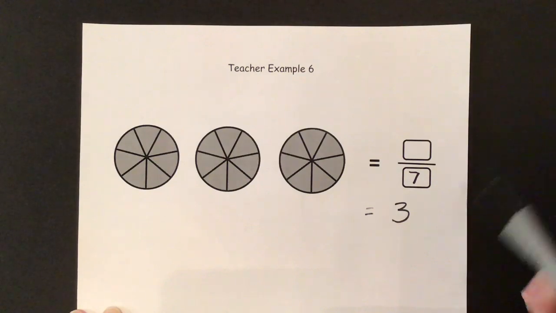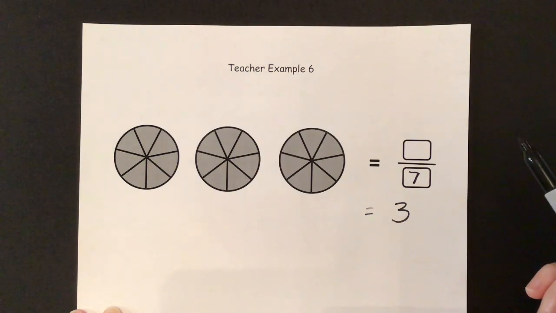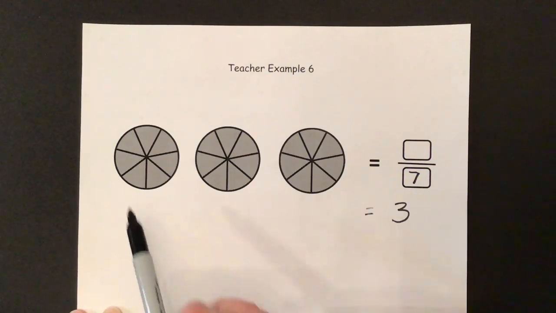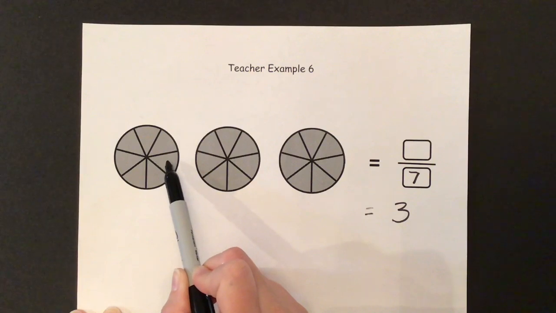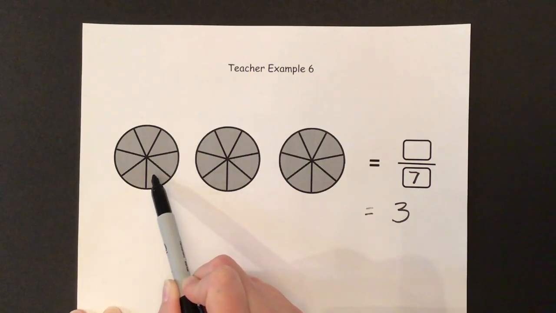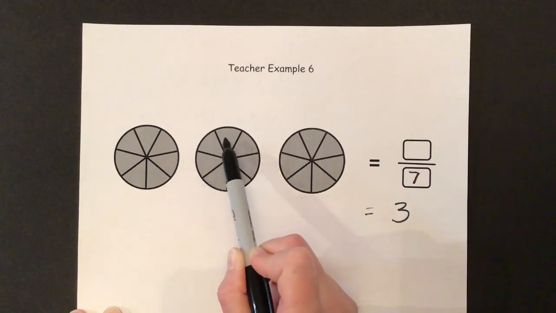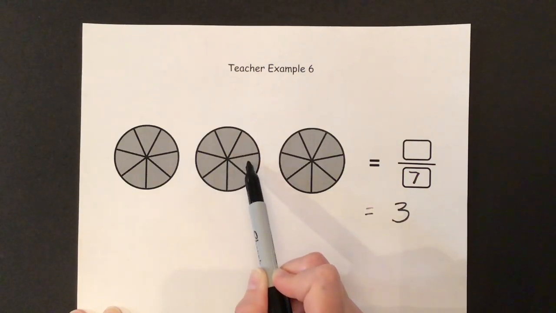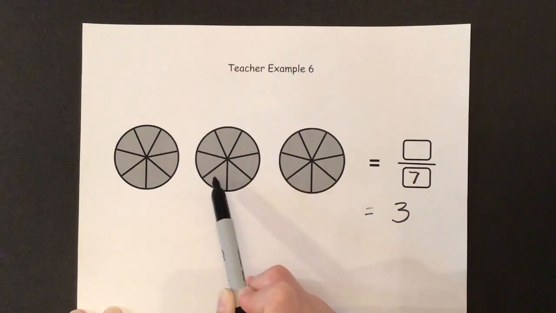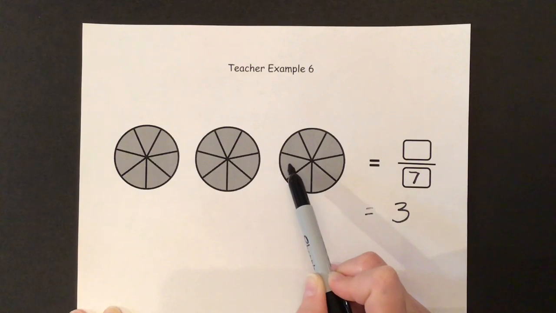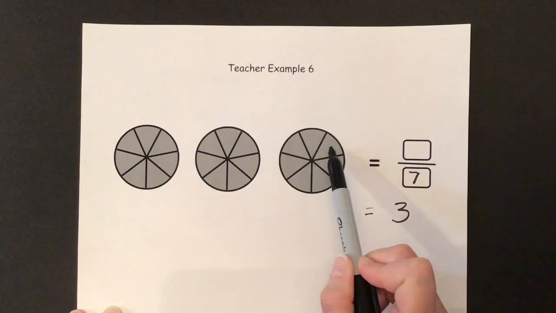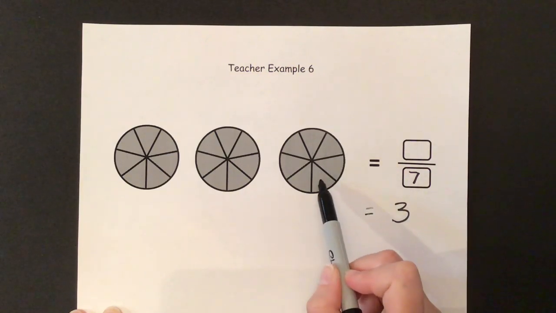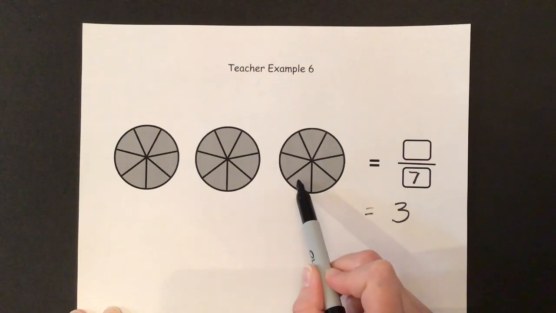Now you can count a piece at a time, or you could skip count. If you count a piece at a time, you'd count 1 seventh, 2 sevenths, 3 sevenths, and so on up through 21 sevenths.